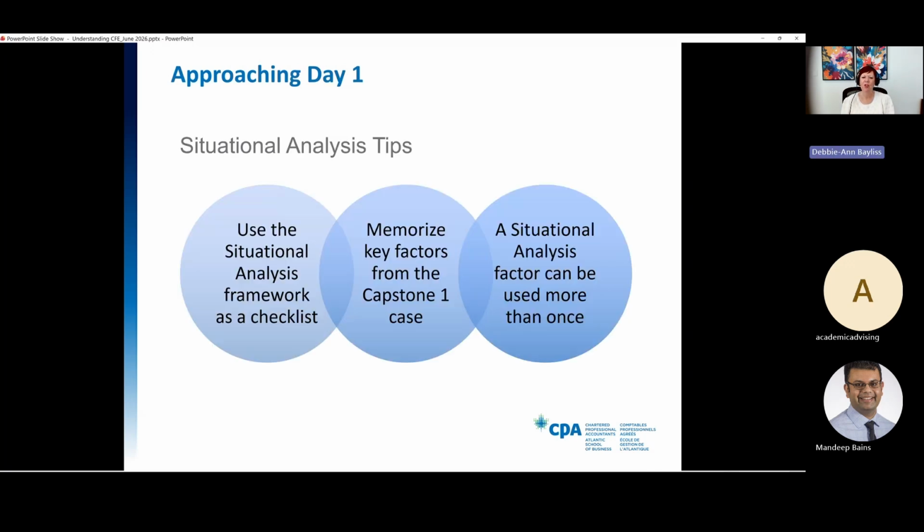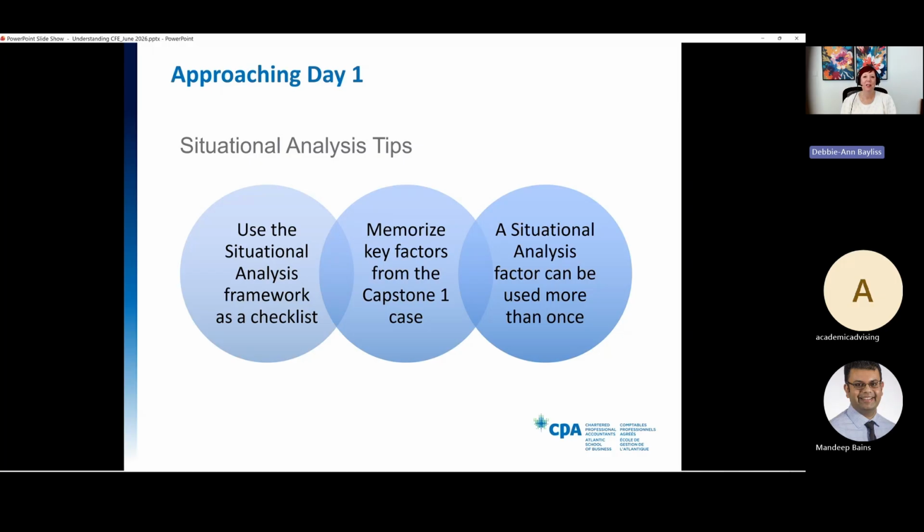When it comes to your situational analysis, some candidates really struggle. They perform the situational analysis, but use it as a standalone document, and that's not its purpose.